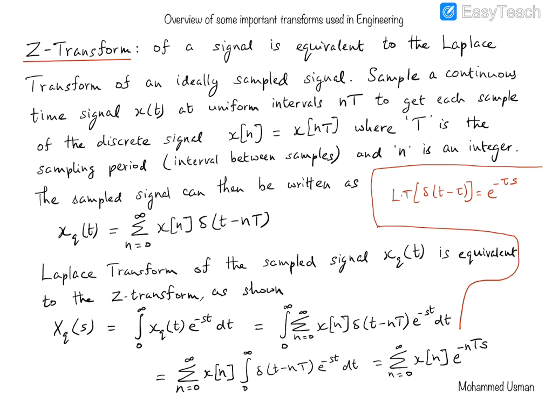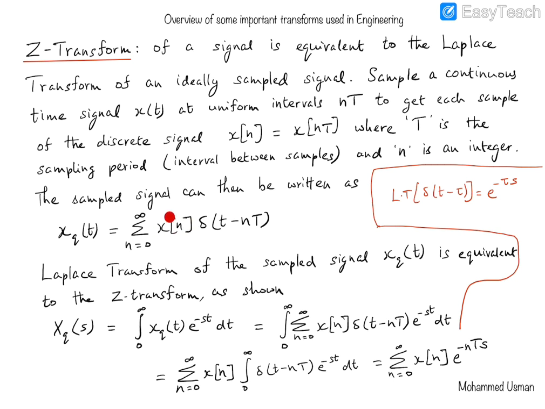So we have these samples taken at uniform intervals spaced T seconds apart, and once we have the sampled signal, we can represent the entire sampled signal as, say, xq of t, which is all the samples put together.